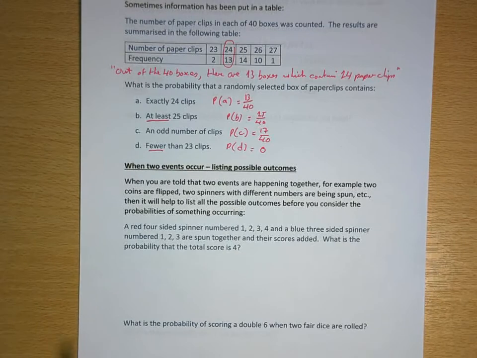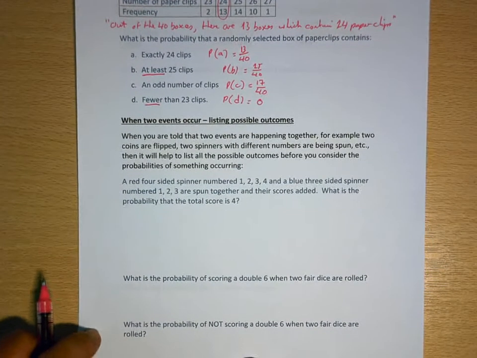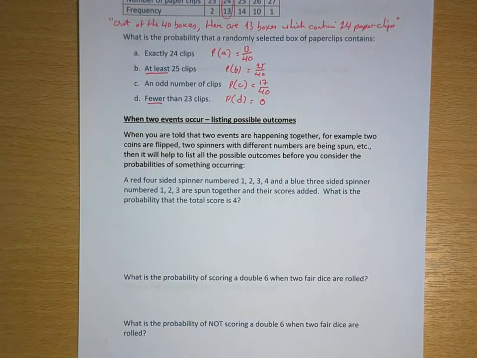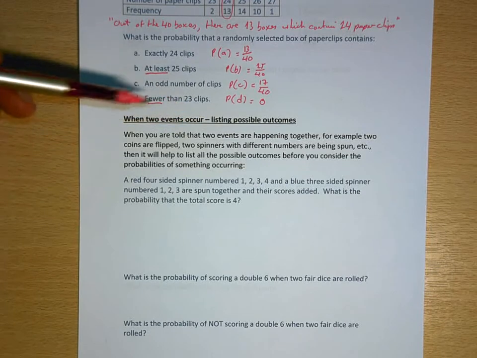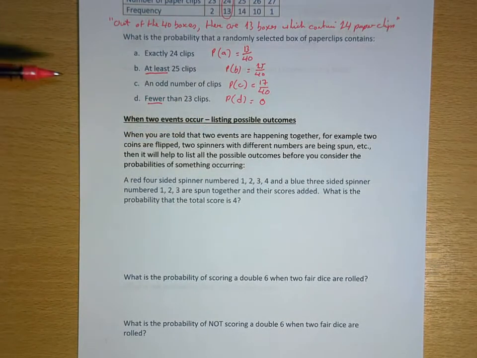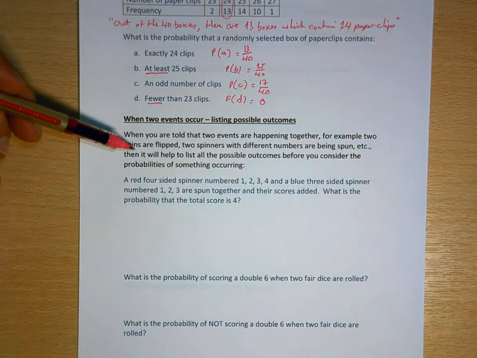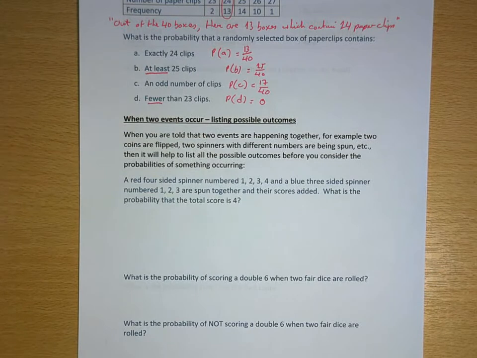Okay, then we move on to listing possible outcomes. These come up again quite frequently on an intermediate tier paper, and you're pushing the DC boundary now. So when you're told that two events are happening together, for example, two coins are flipped, or two spinners with different numbers are being spun, then it will help to list all the possible outcomes before you consider the probabilities of something occurring.